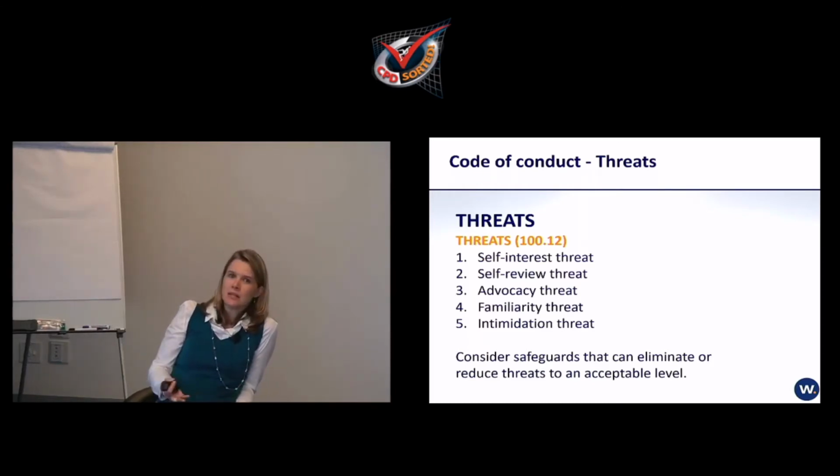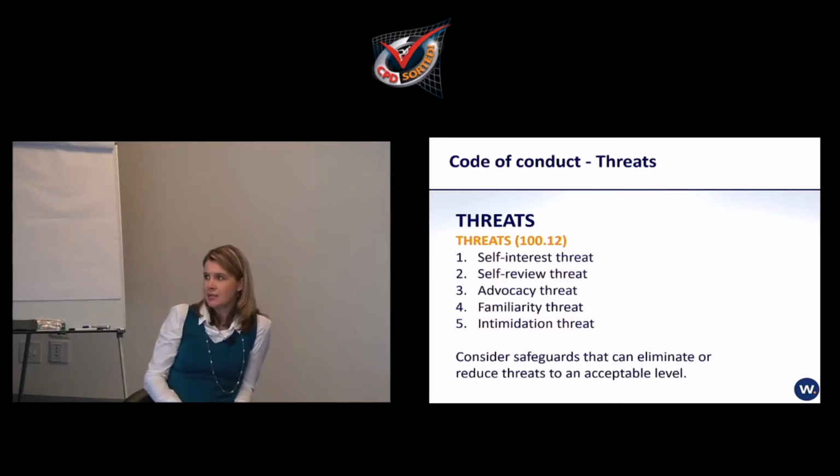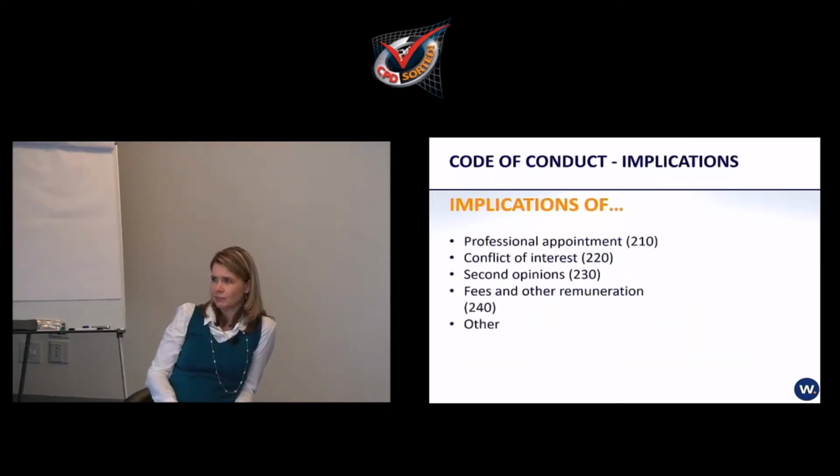Advocacy threat is that you're not allowed to advocate on the behalf. Familiarity threat, that's firm rotation, partner rotation. And intimidation threat, well, that comes down to moral courage, and we'll look at that again. But yeah, those assertive conversations, standing up for the integrity of what is happening.